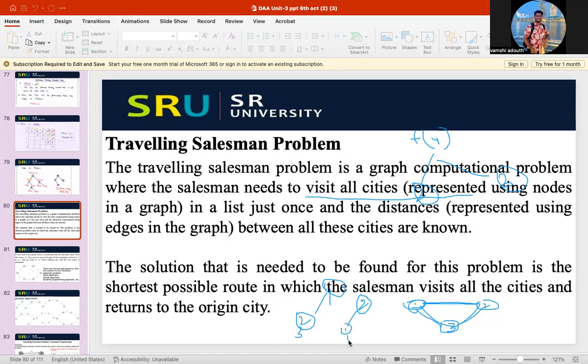So the solution that is needed for this problem is the shortest possible route in which the salesman visits all the cities and returns to the original city. As I said, he starts from 1, then visits 2, then 3. If he starts from 2, he goes to 1 or he goes to 3. So let's see the example first.